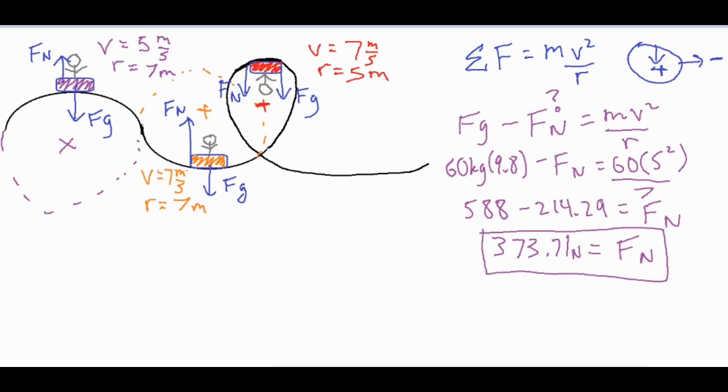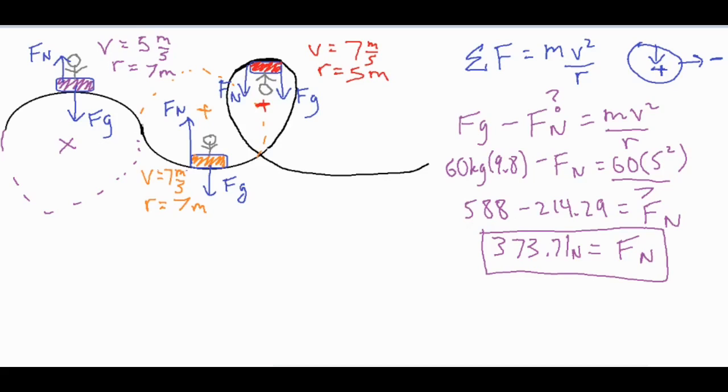So one value that wasn't written on the screen was the 60 kilogram mass. So I went ahead and added that in. So our FG is mg, which is mass times 9.8, minus the normal force, and then m, our v squared, and our r given from the problem. Now, if you add Fn to both sides, it goes to the right side of the formula, and then you subtract this number over here, which is 214.29, from our FG of 588, and we get 373.71 newtons.